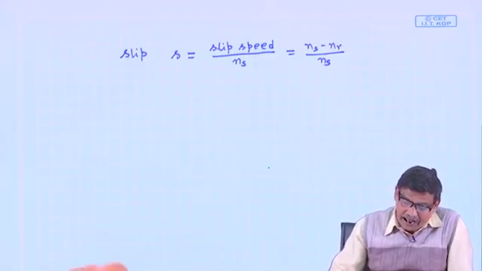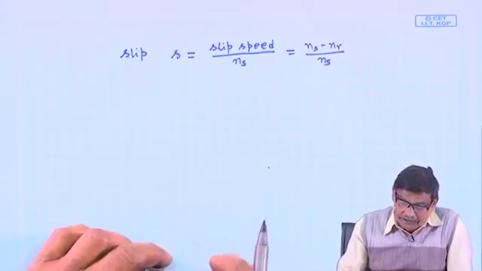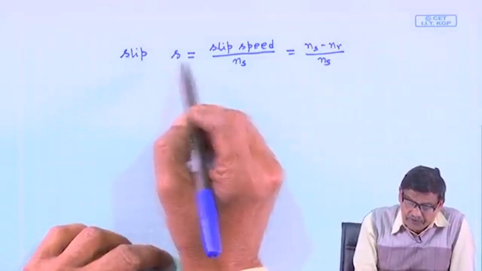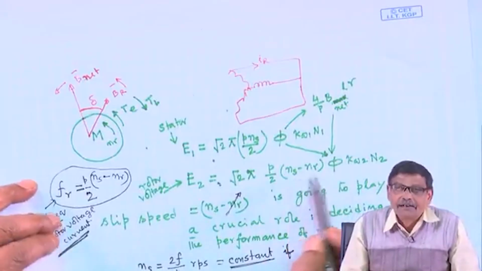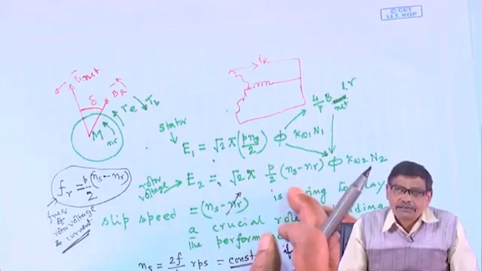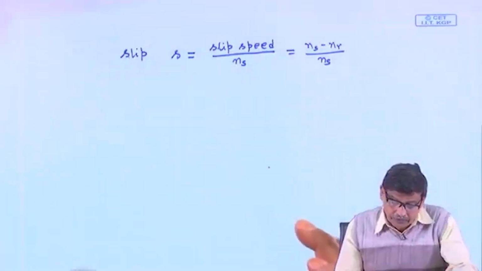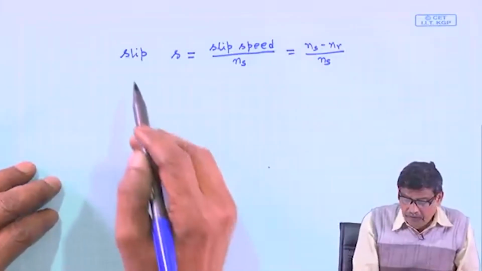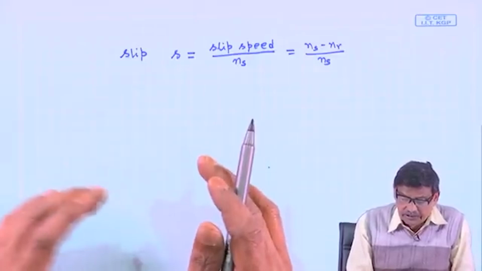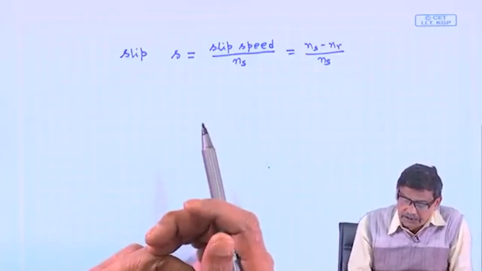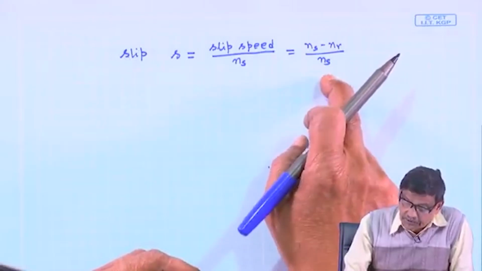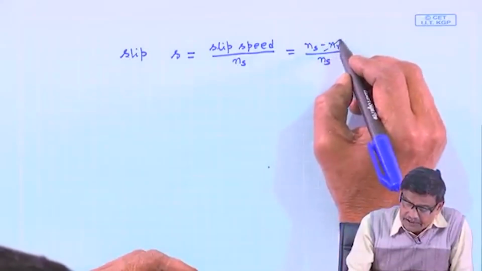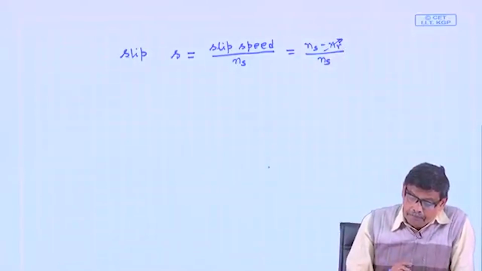In fact, I will show you right now that if you define this term, then instead of carrying on with the expression ns minus nr, this s comes so nicely. So, slip at which the motor is running is nothing but slip speed divided by the synchronous speed of the stator field, which is constant, and this may vary. Therefore, slip may vary.